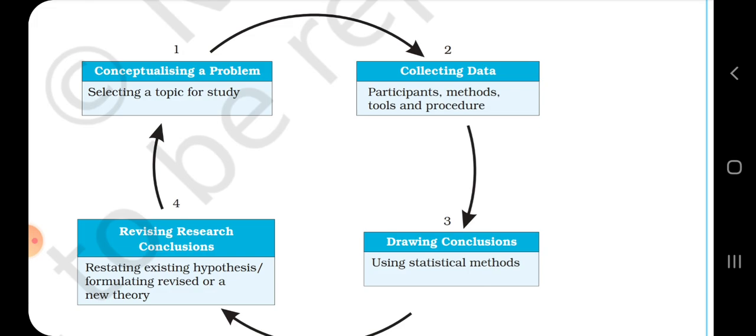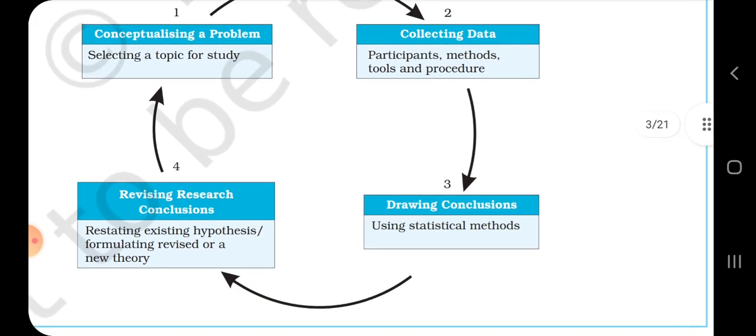In the second step, you collect the data, that is, you collect the data of participants, what methods and tools are to be used, and how you want to do the procedure. We will collect the data in step 2.